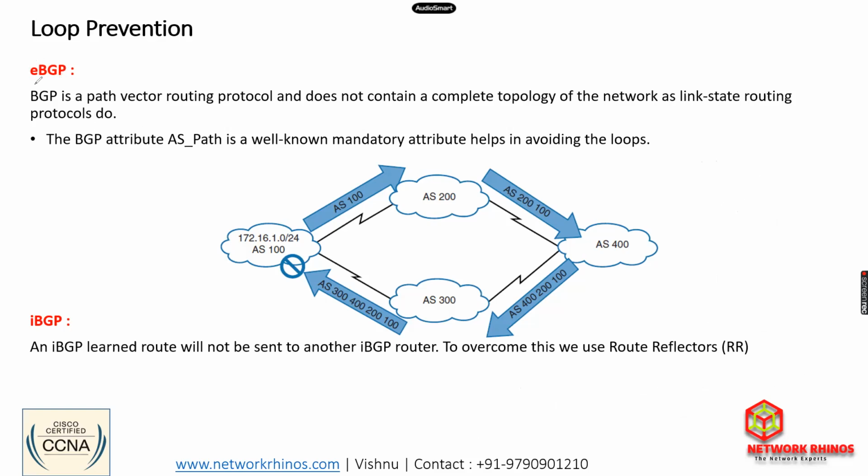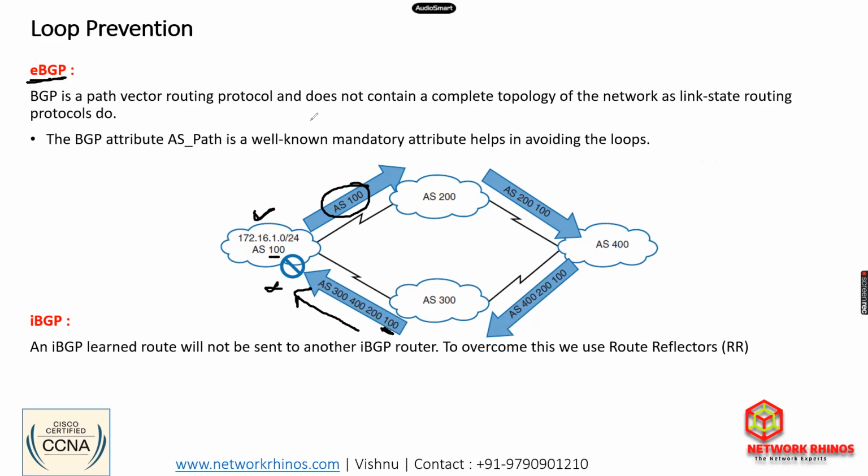So we have other mechanisms. For example, in eBGP, if a BGP enabled router receives a network or subnet from a neighbor, and in that received subnet it sees its own AS number, it simply discards it.